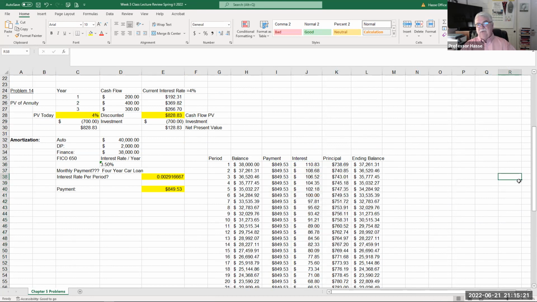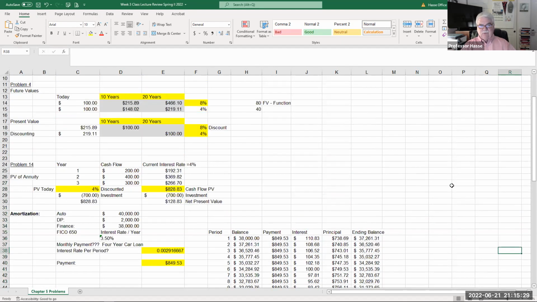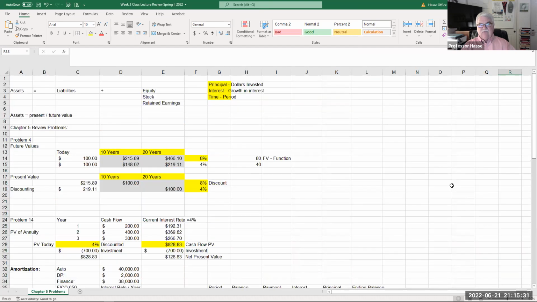A non-amortized loan is a bond where interest-only payments are made until the maturity date, and then the principal is due. So there's 4 key concepts of the time value of money talked about in chapter 4, which you need to know for assignment number 2 next week. And I'm going to save this and post it back to Blackboard to use it as a study guide in my lecture notes.